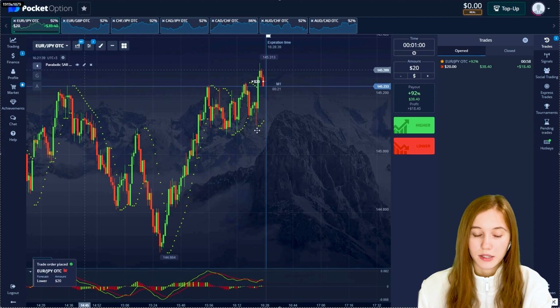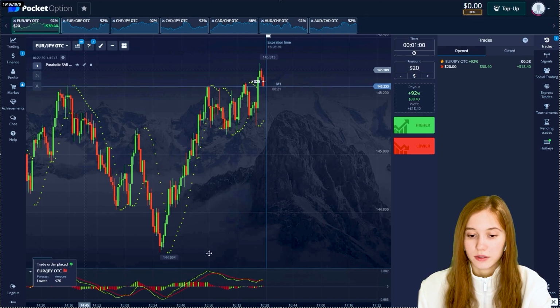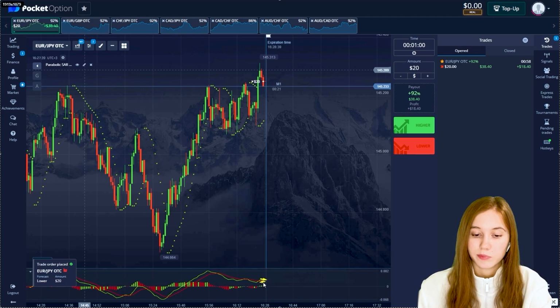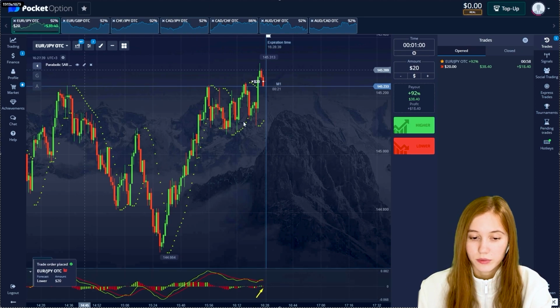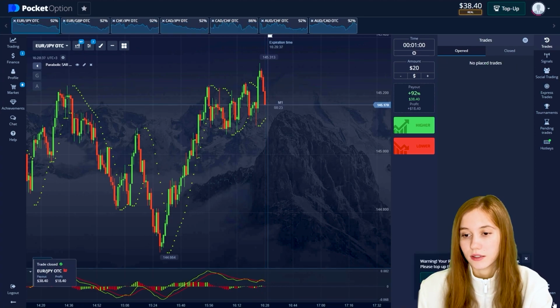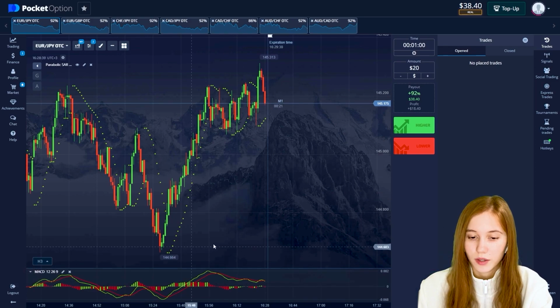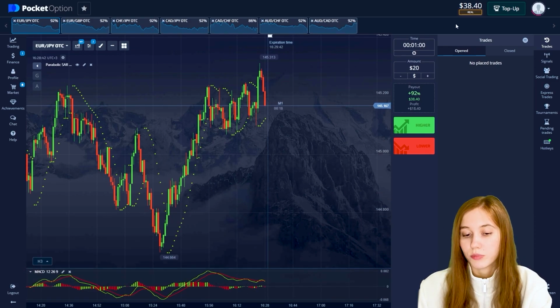By MACD we see the red moving average is moving up. And bars, we see a red bar on MACD. Good also. Yeah, plus deal also. Good. $38 is our profit.